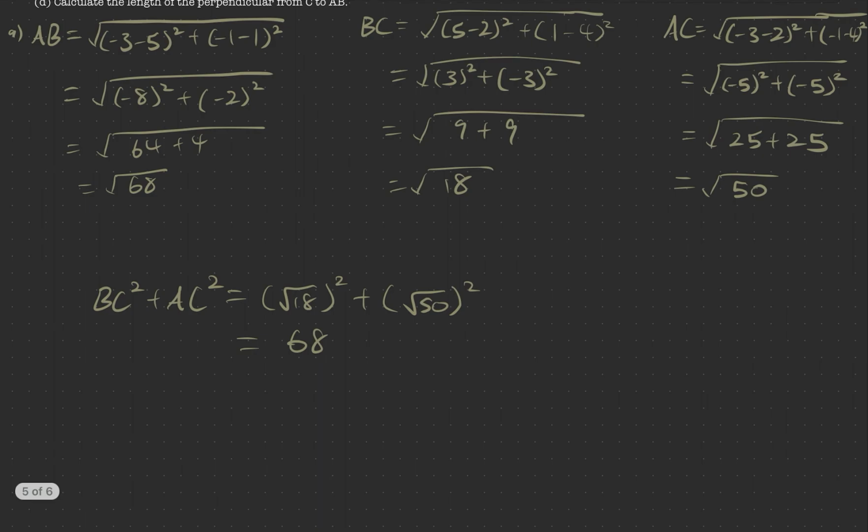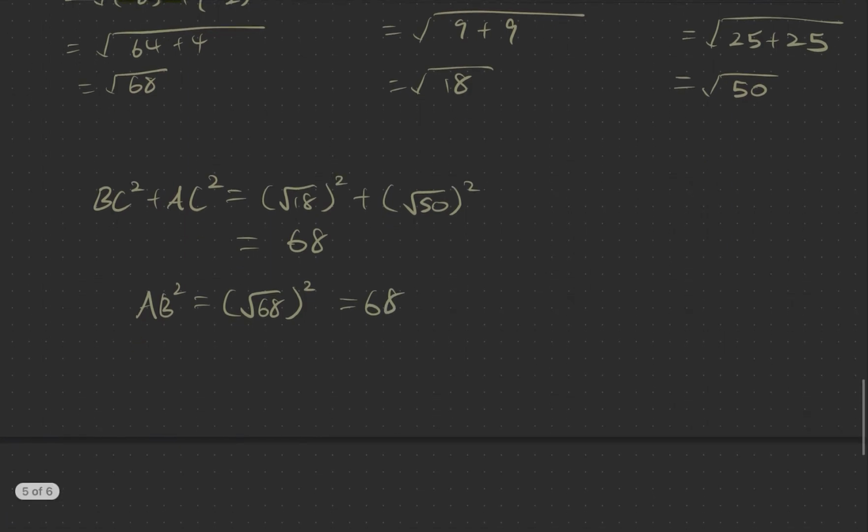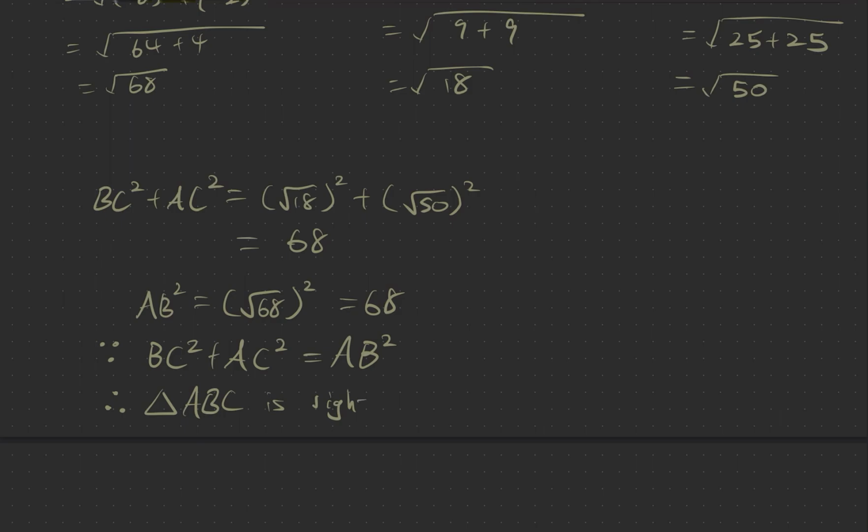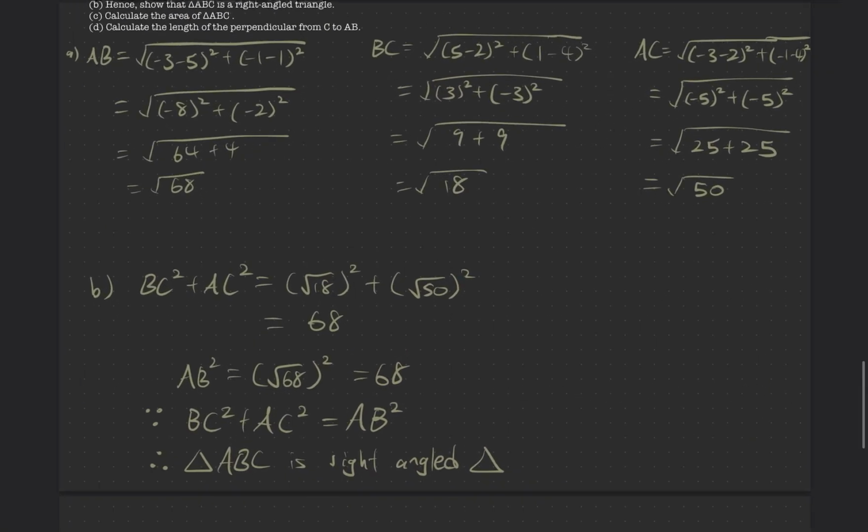And then AB squared equals to square root 68 squared, which is just 68. So since BC squared plus AC squared equals AB squared, therefore triangle ABC is a right angle triangle. Alright, so this is for part B.